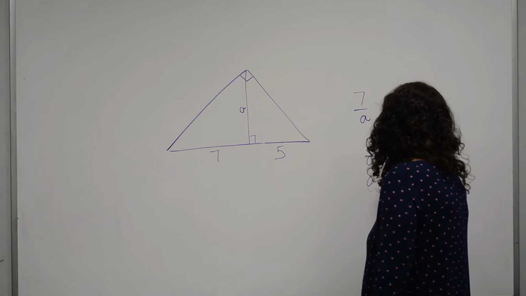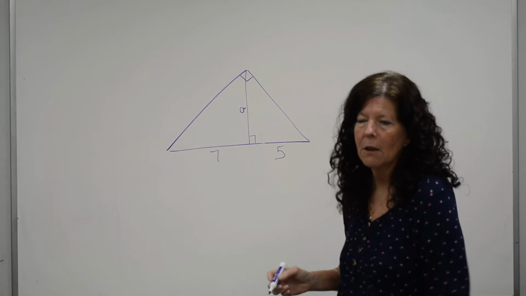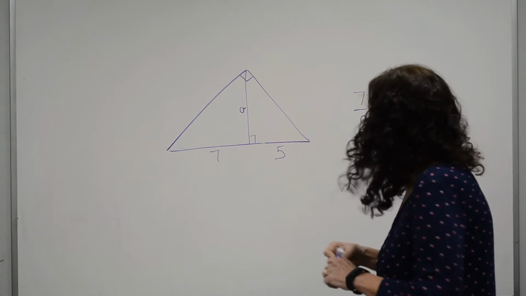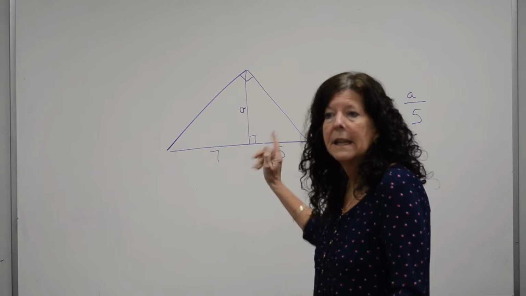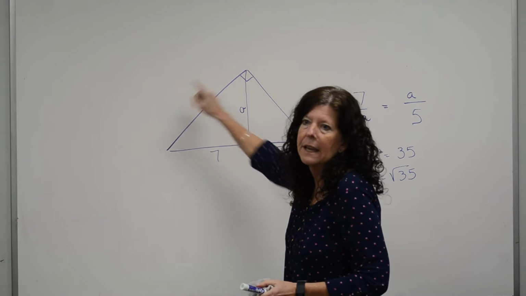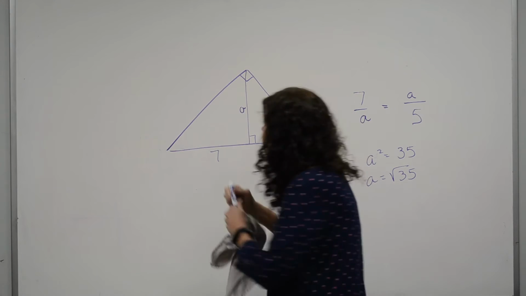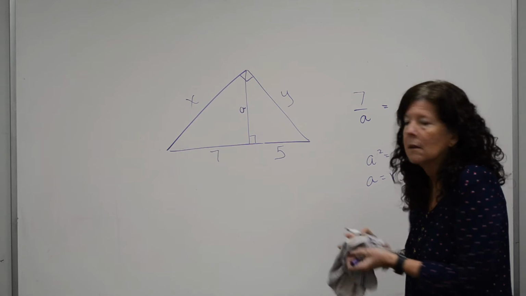So a is equal to the square root of 35. That really can't be broken out into 5 and 7. I can't get anywhere that way. Okay, so that was one theorem we had. The other theorem had to do with the legs of a right triangle. Let's say x and y.